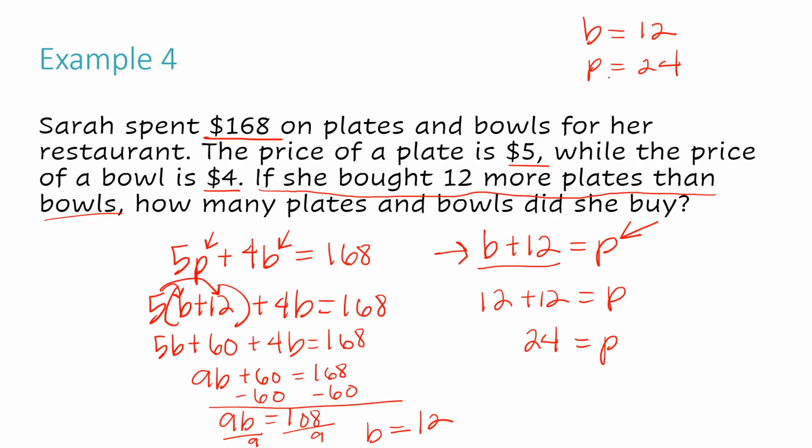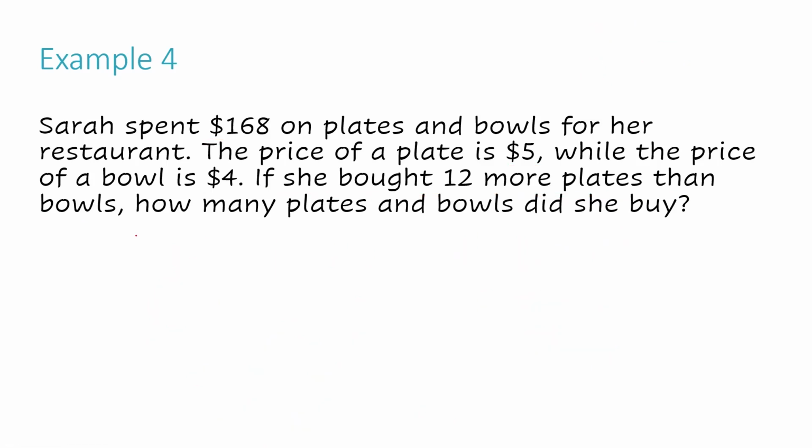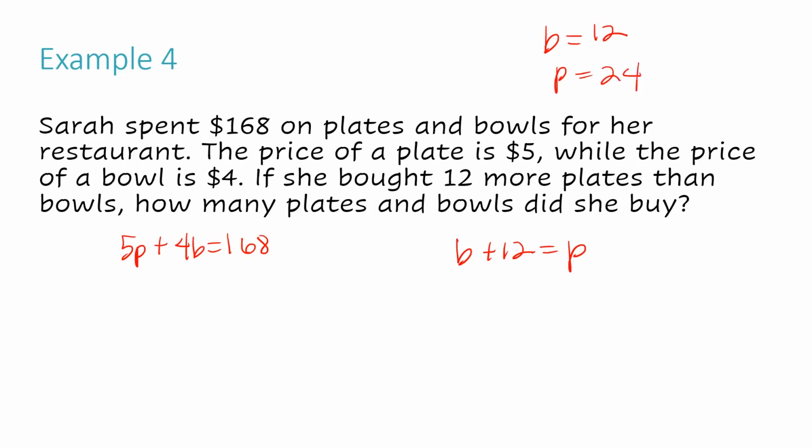And of course, if I were to do the same thing that I've done all along, and I plug in these values to my original equations, I'm going to get true statements. Let me show you that. Okay, so my original equation that I wrote was 5P plus 4B equals 168, and it was B plus 12 equals P. And if you remember, B equals 12 and P equals 24.